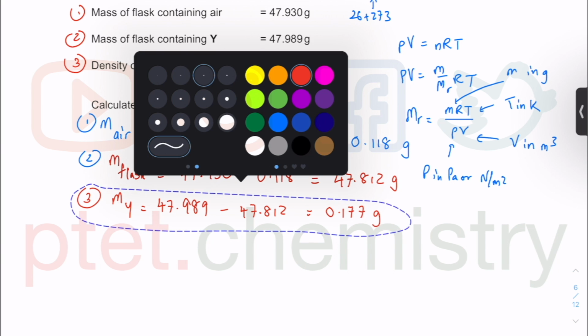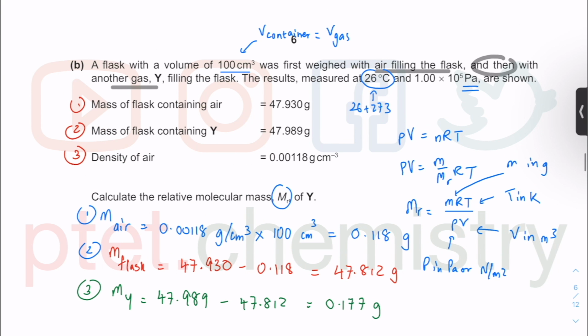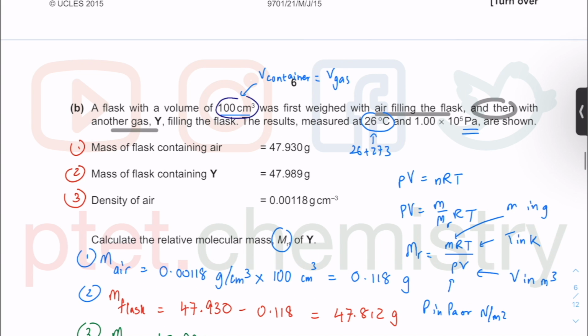Okay, let me just change the color so that we are not easily confused at what we need to do from this point onward. Now what else do we have? We have the volume of the container, which is 100 cm cube. A lot of students had problem converting cm cube to meter cube. I never really memorized the conversion factor, because I know I could do primary school mathematics, where 1 cm is 1 divided by 100 meter.